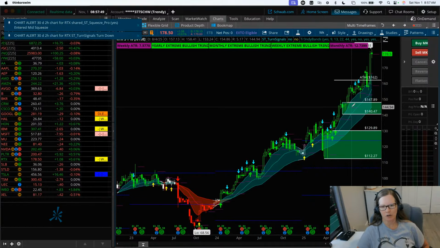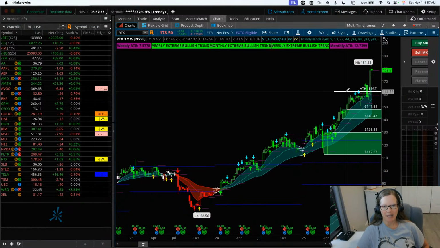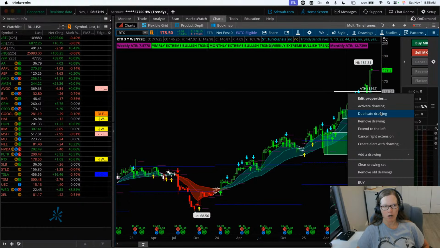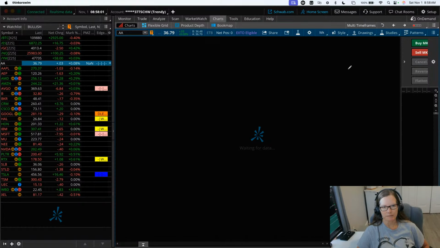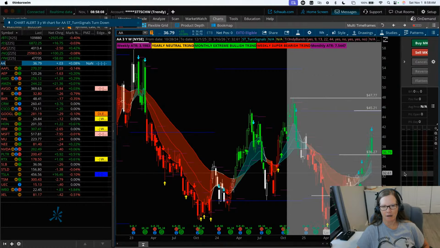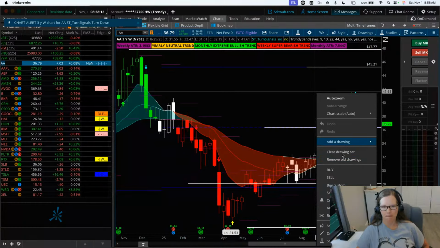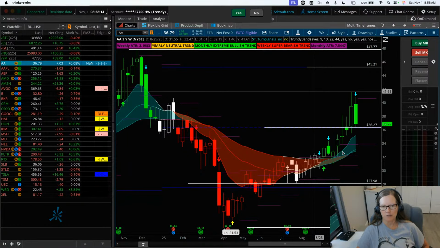And some of these drawings are going to be old, guys, because I haven't looked at these names in a very long time. So, from a top down approach on Alcoa, I want to start with that weekly chart. I want to get an idea of where the weekly buy and sell zones are at.